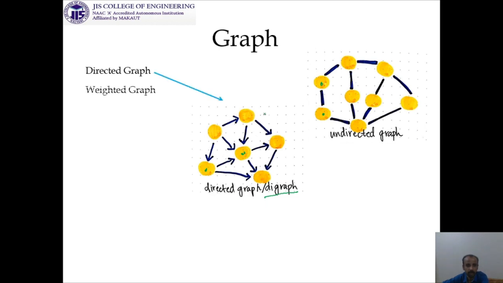Okay. Now what is a weighted graph? This is a very important concept. When you are giving some emphasis to the edges, not only from the directional point of view, but also from different significance.